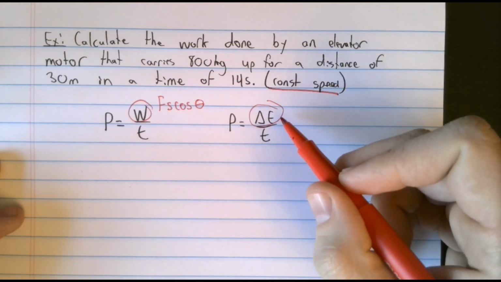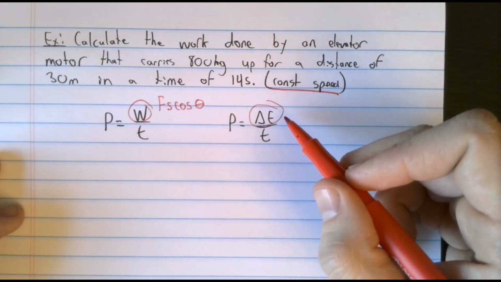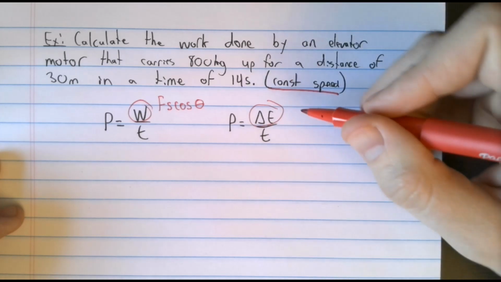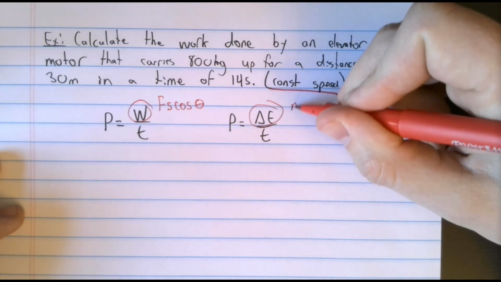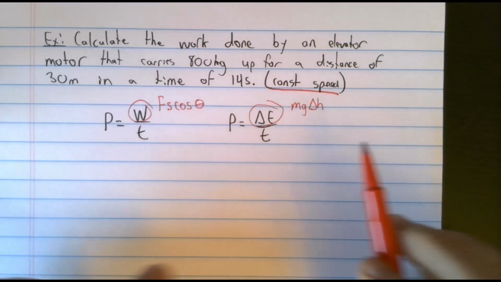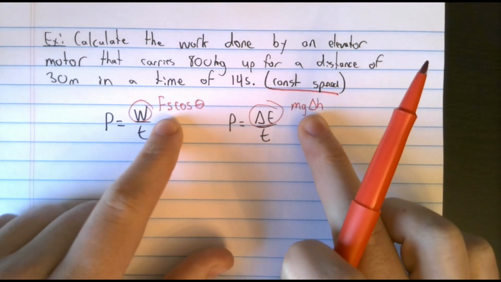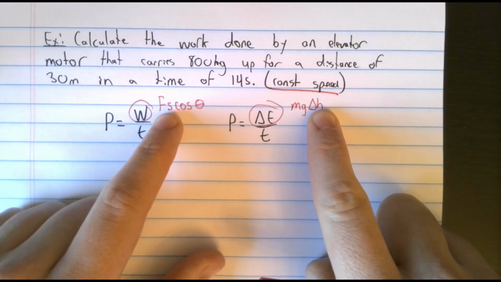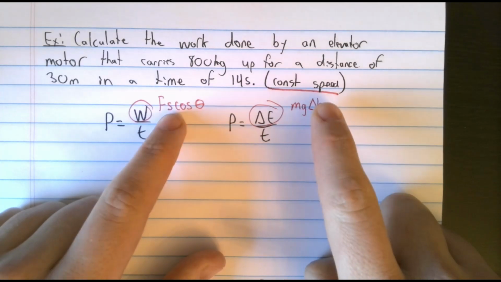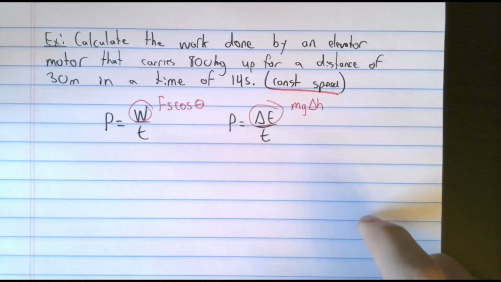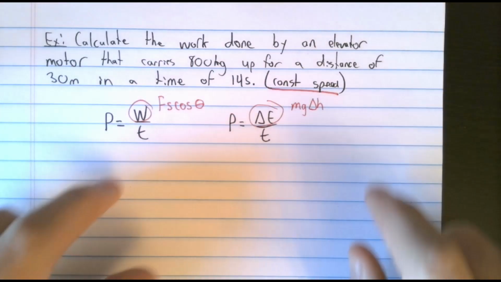So the only change here is our change in potential energy, which is given by mg delta h. Coincidentally, it's actually the same thing. The change in height for the elevator shaft is the displacement. There are just two different ways of saying that the elevator goes up 30 meters.